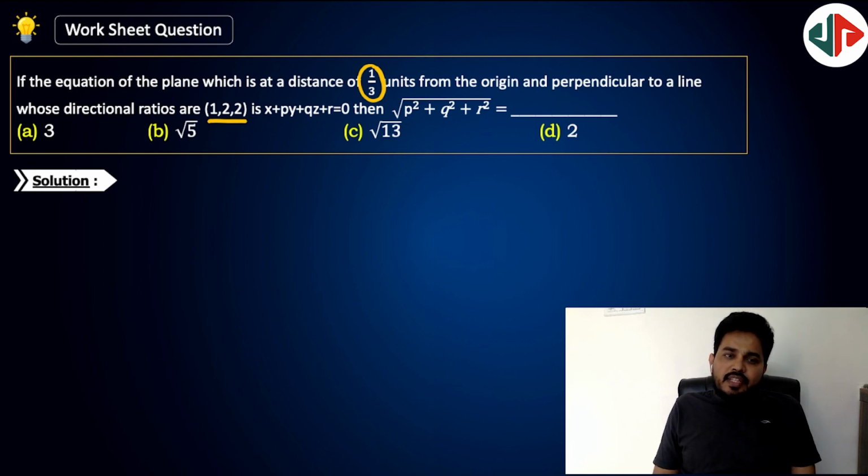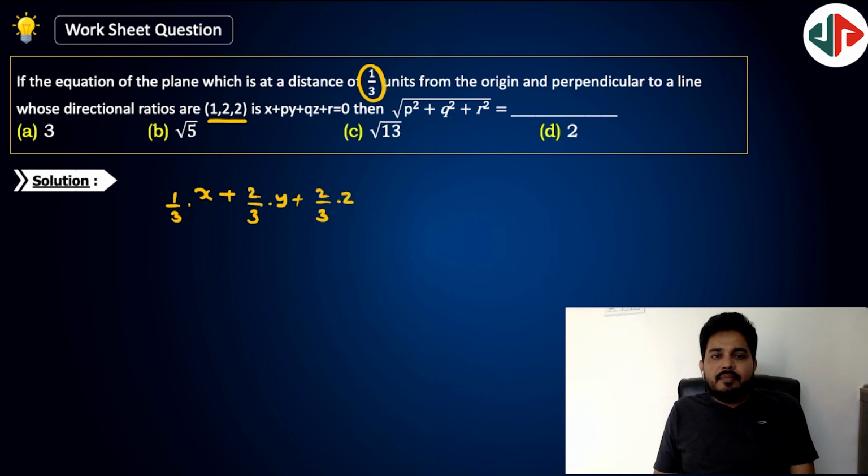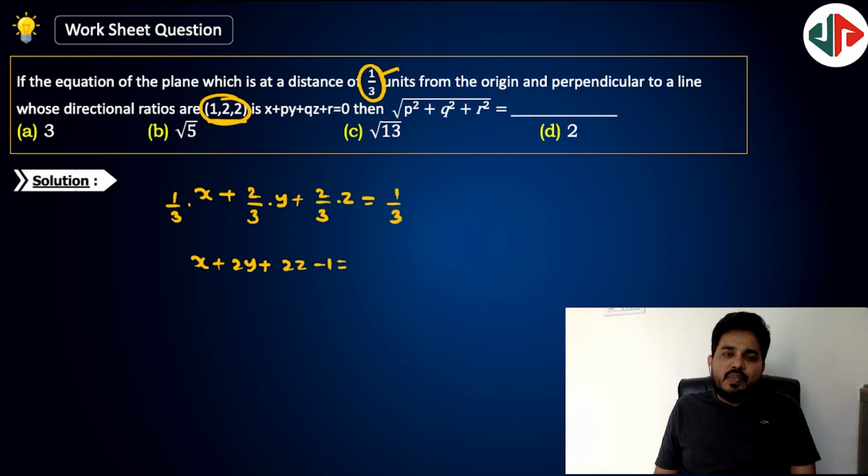So the DRs will be 1, 2, 2. So x by 3 plus 2 by 3 into y plus 2 by 3 into z is equal to how much distance? 1 by 3 units. I'm converting DRs into DCs so that I can write that direct value. So this is x plus 2y plus 2z minus 1 is equal to 0.